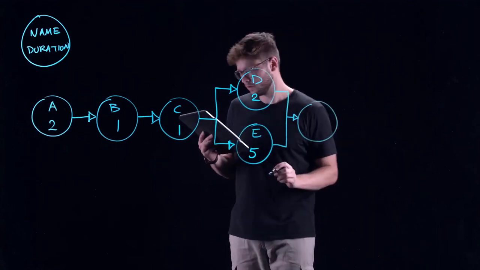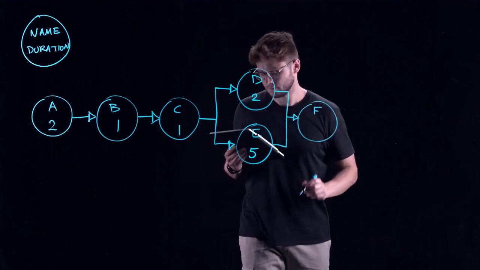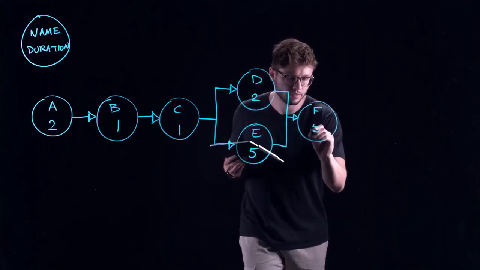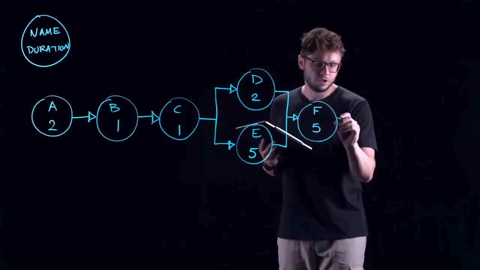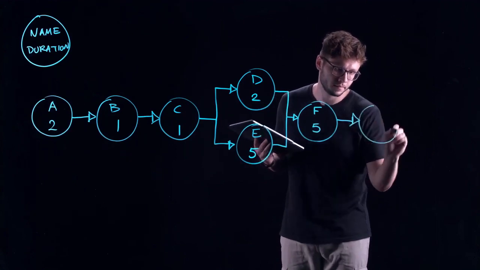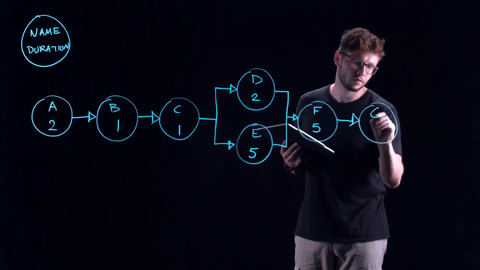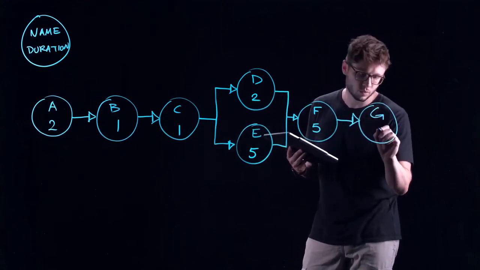Here's our node for activity F, and that takes 5 weeks to complete. And finally, we have activity G, the last activity in our system, and that only requires activity F to be done. Activity G takes 1 week.